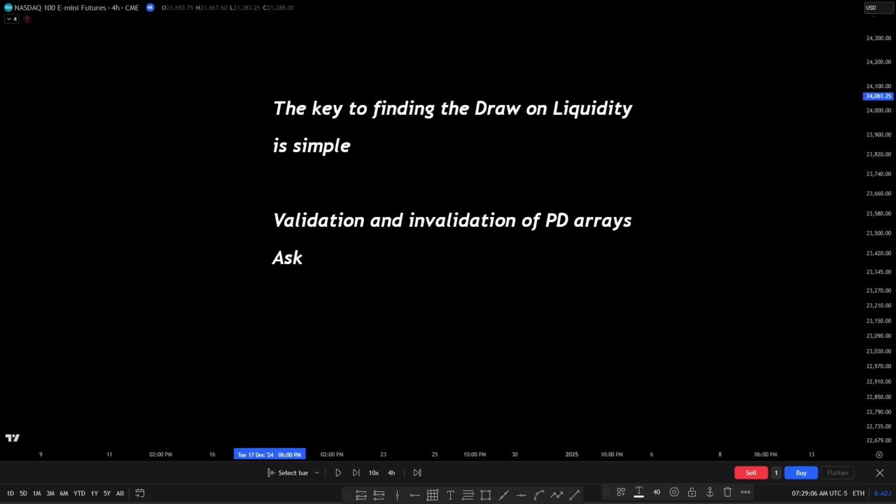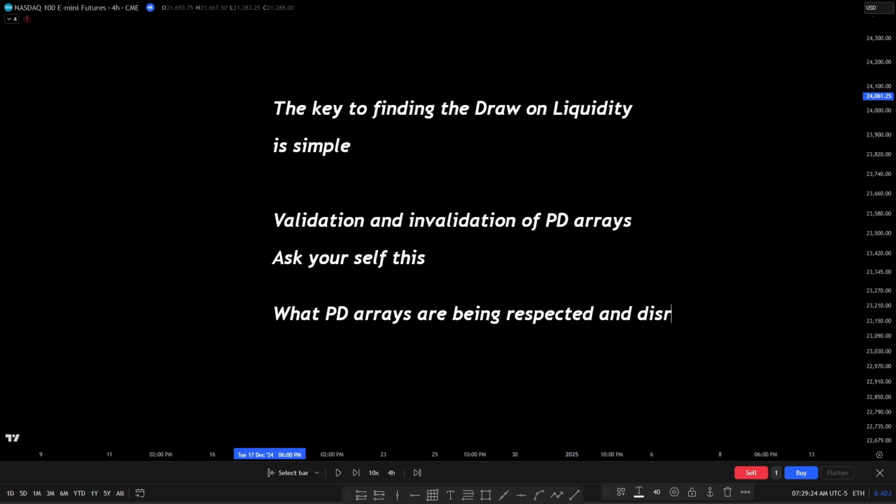So whenever you go into the market, the next time you trade, ask yourself this: what PD arrays are being respected and disrespected? Right? Ask yourself that.